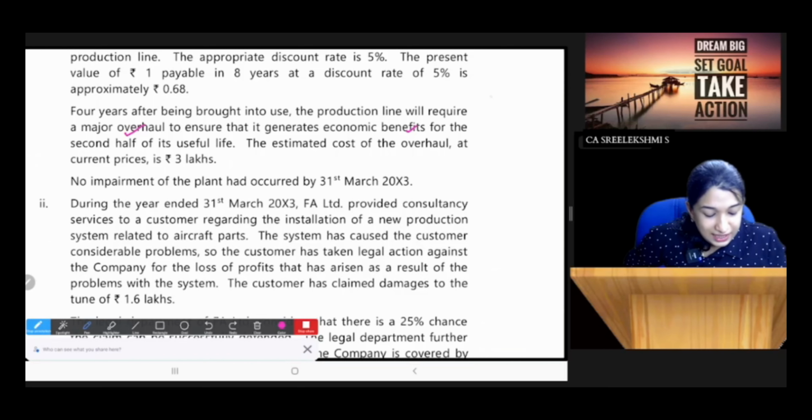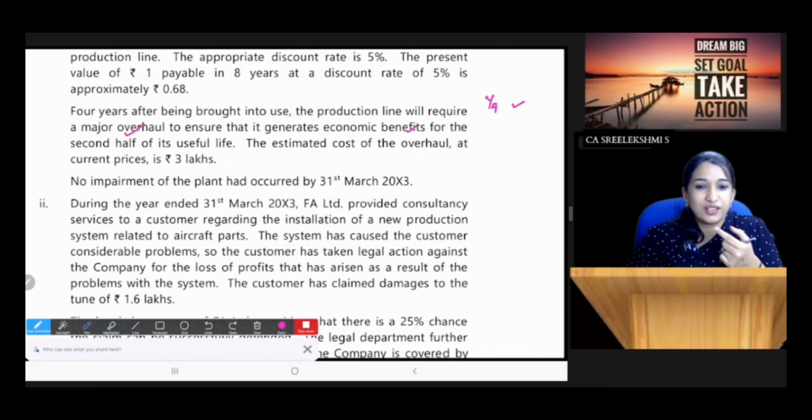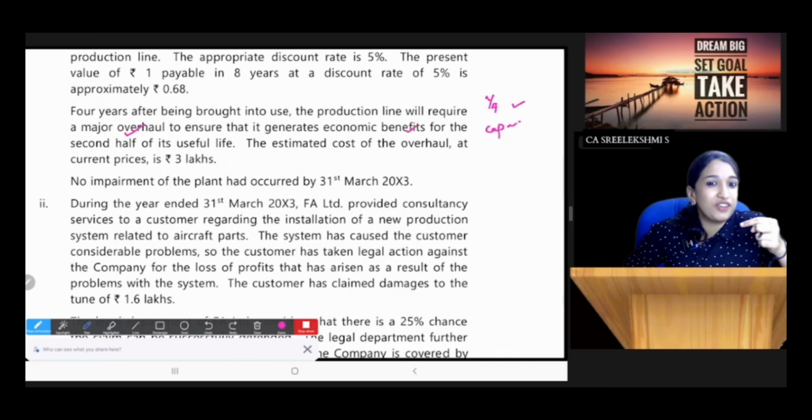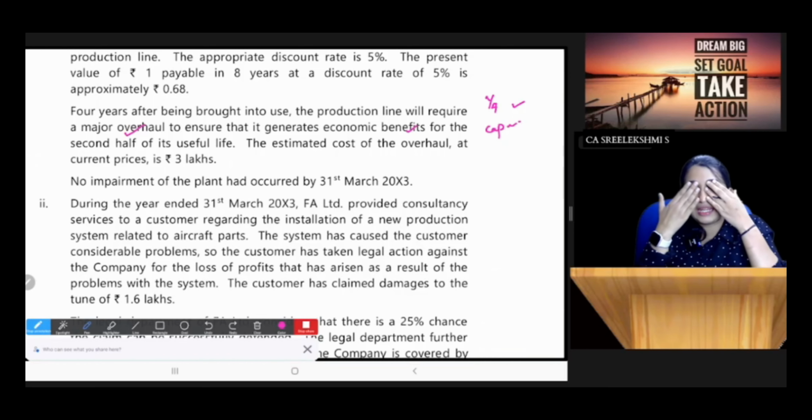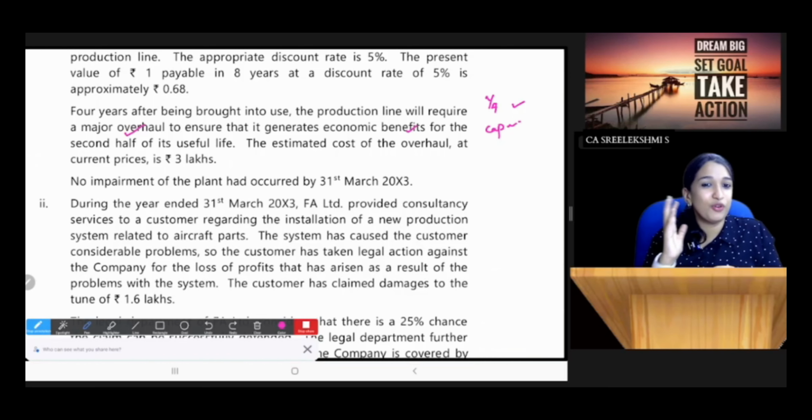So which means at the end of year 4, you need a major inspection. What is the treatment of major overhauling cost or major inspection cost, which is to be capitalized? If you want to capitalize at the end of year 4, what the standard says, if you can recollect, a question of a ship having a useful life of 20 years or major inspection cost having a life of only 5 years.